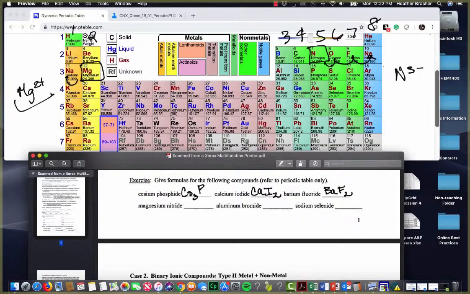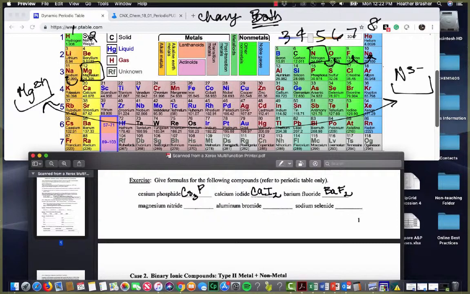Because here you have +2, here you have -3. So in order for this to be, you have to change both. This is different than we've been doing, right? This, we need to think of what's the lowest number that both of these can go into.